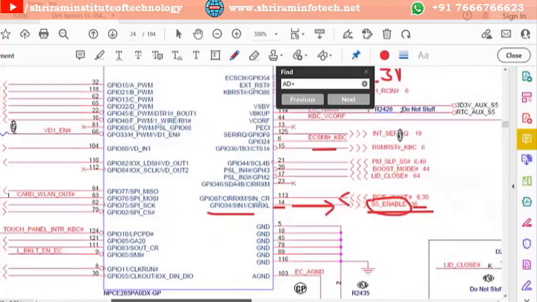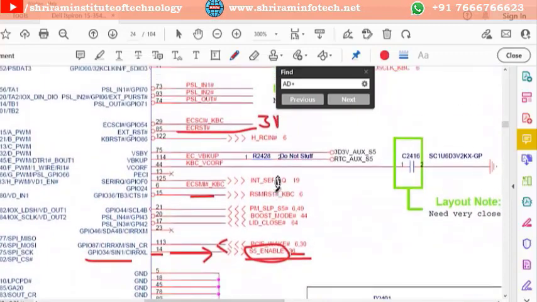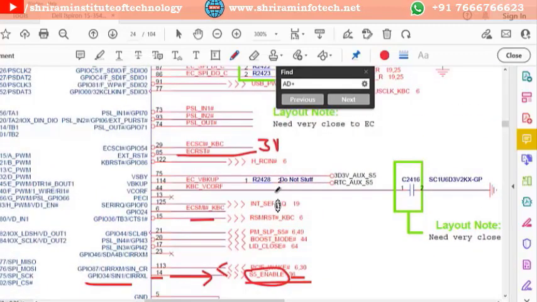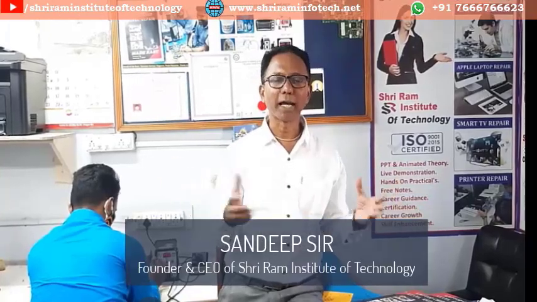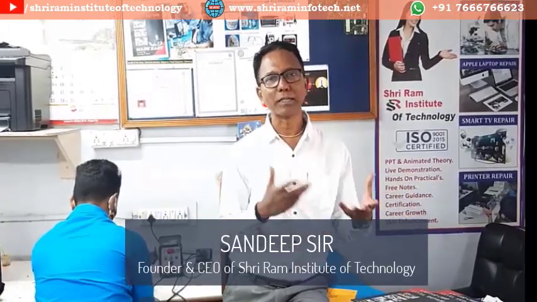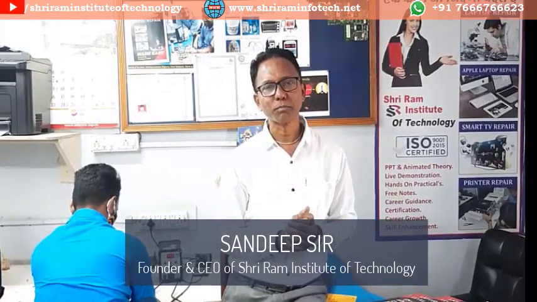Okay, so friends, in this way you have to check the circuit diagrams and board view to test the signals. I gave you brief information about how to read the schematic diagram in the battery charging section, 3 volt and 5 volt section and the SIO section. In this way I explained how to read the schematic diagram and the board viewer.